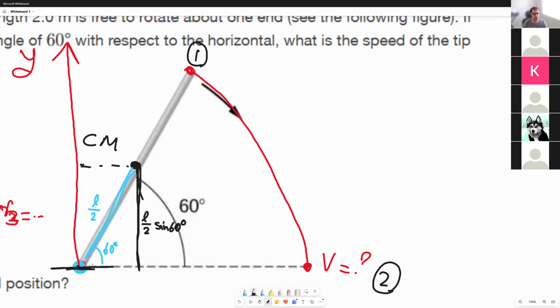If this is 0 on the y-axis, what is this height? I'm looking at that. And since this is the center of the rod, this distance is L over 2. And this black line, which is what I'm looking for, is the opposite of angle 60.